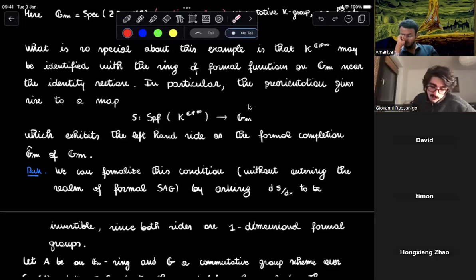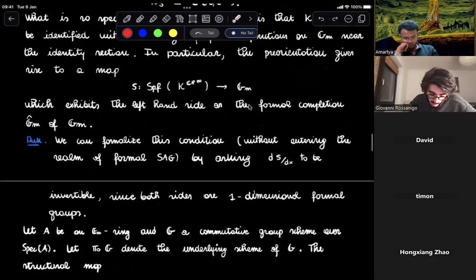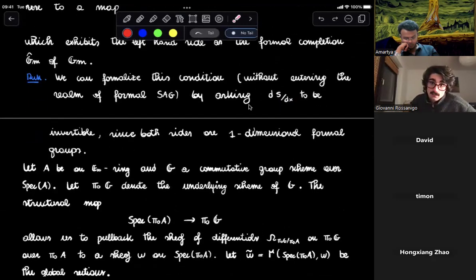And the derivative of this map, ds over, let's say, dx, which is the variable of this formal group, is invertible, which is something related to the study of scalar differentials. In the more general case, this condition can be built by looking at the pullback of scalar differentials.